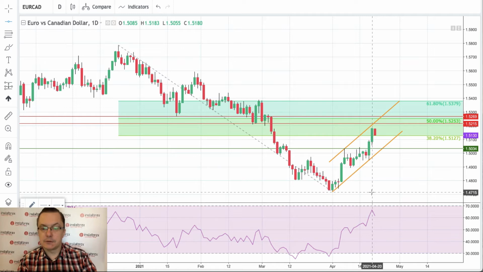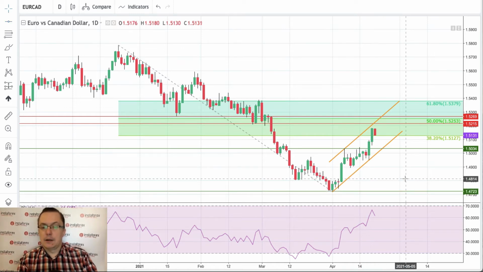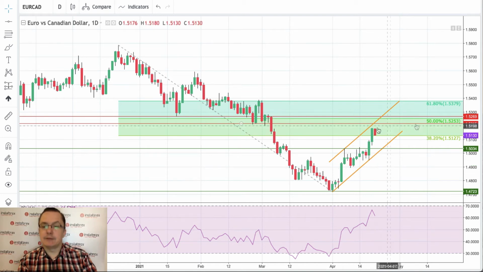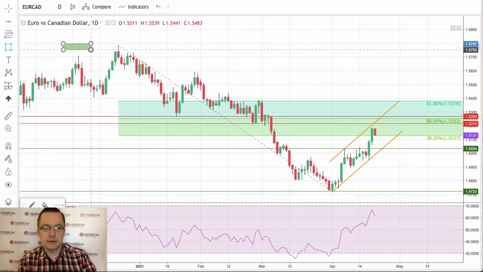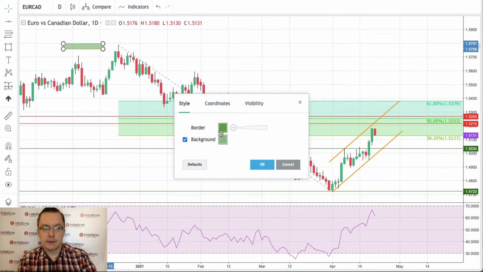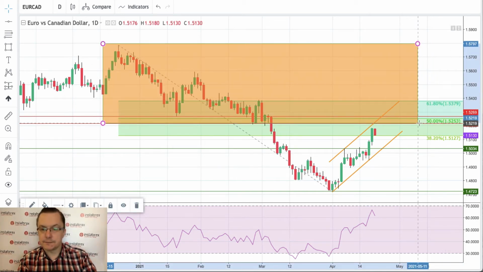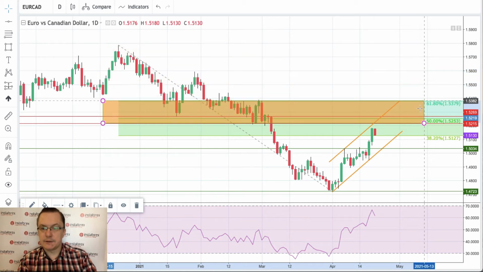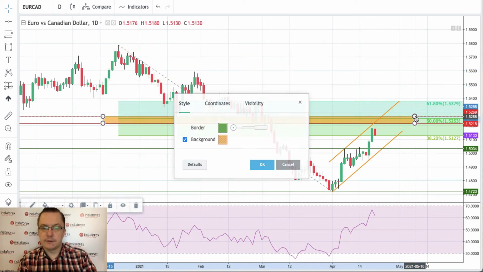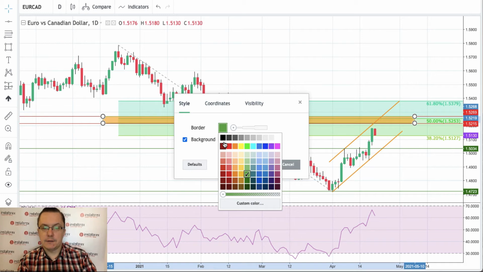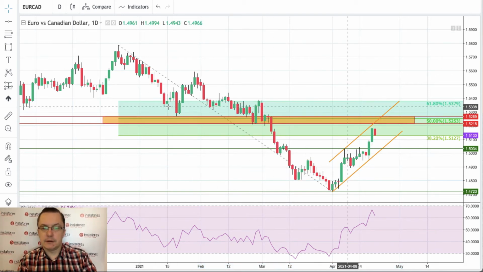Right. So this is the daily time frame euro to the Canadian dollar market analysis. As you can see, we are bouncing higher. Very interesting zone. Let me just paint this zone maybe with a different color so we can see the difference, maybe orange. There you go, this zone here. This is a very interesting zone just between these two levels, and I think this might be of particular interest to both bulls and bears.